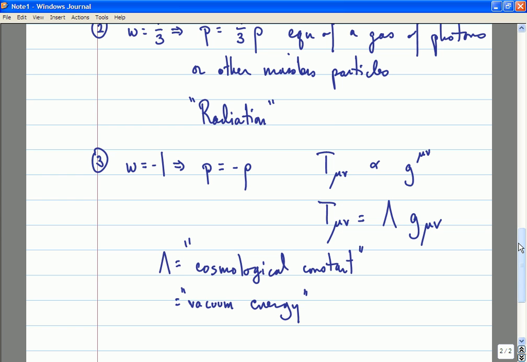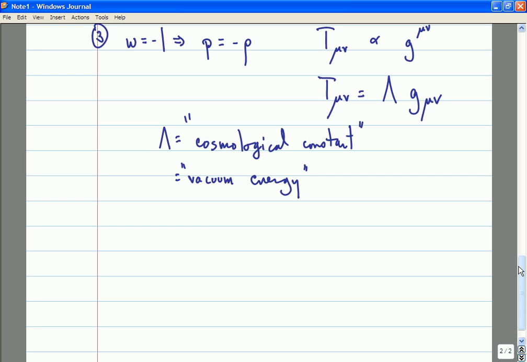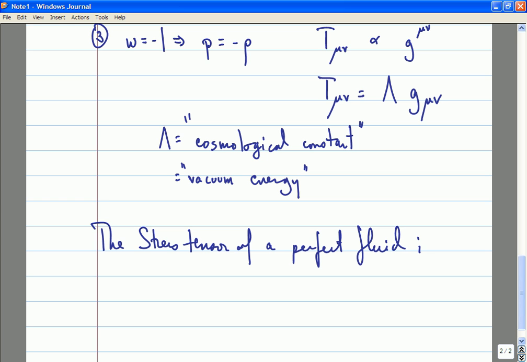So the final property, and in some ways the most important property of a perfect fluid, at least for the purposes of this lecture, is that the stress tensor of a perfect fluid obeys an additional differential equation which incorporates the idea of the conservation of matter and energy locally.